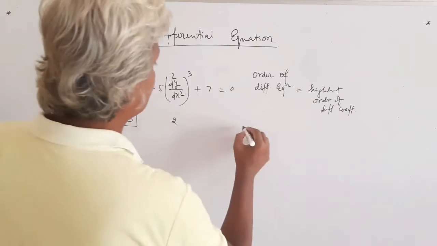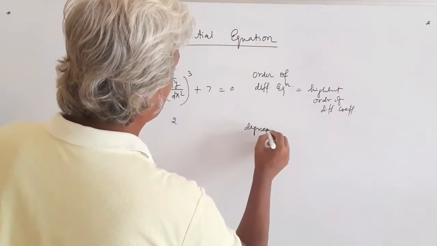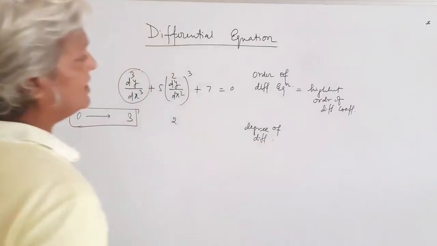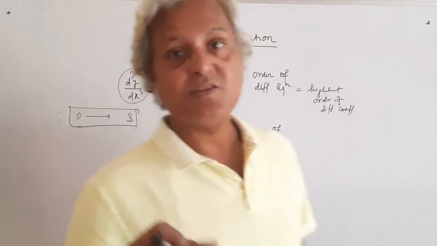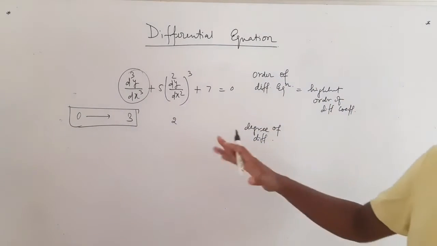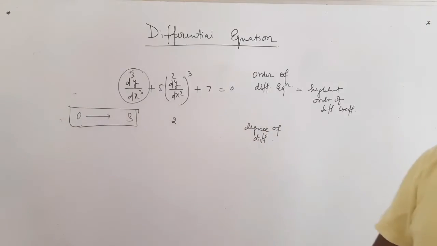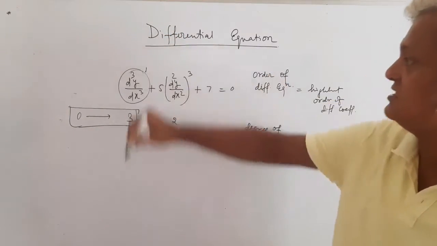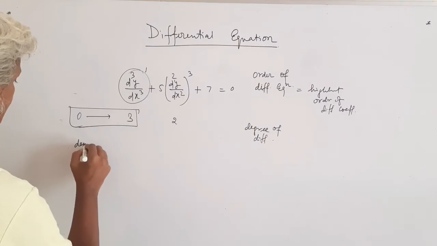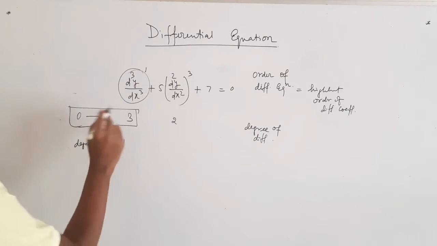And what is degree? The degree of a differential equation is the highest power, or the power you can say, on the highest order derivative of the differential equation. So what is the power on this? This is 1. So the degree of this is 1.